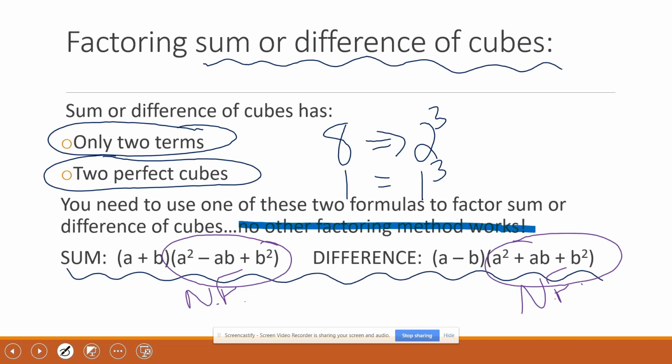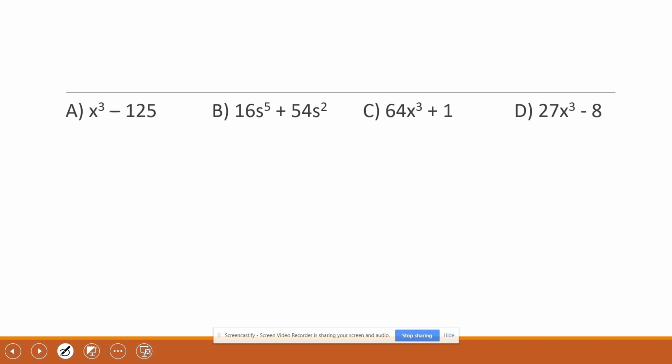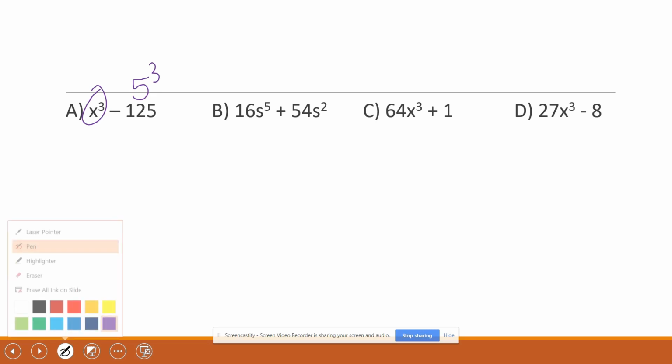Let's use these. X cubed is a perfect cube because it's to the third power. 125 is 5 cubed. We have two terms, perfect cubes, subtraction. So we are using the difference of cubes formula.